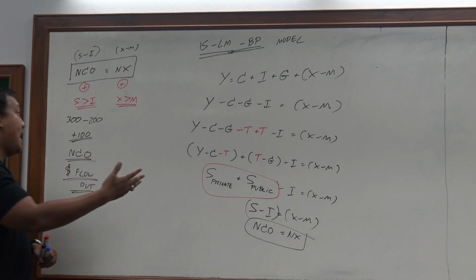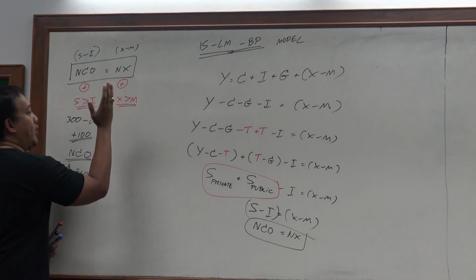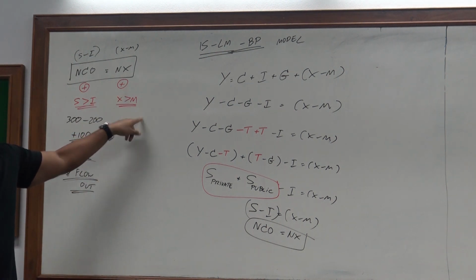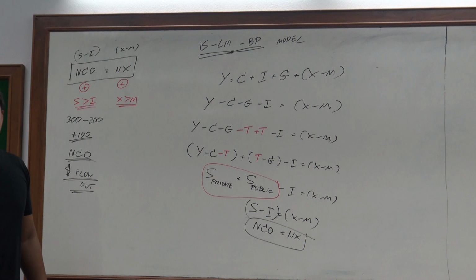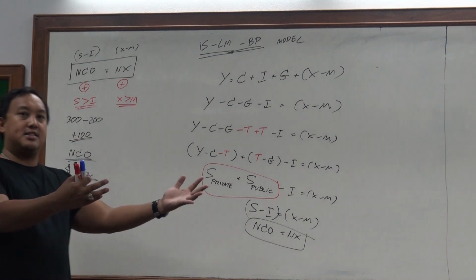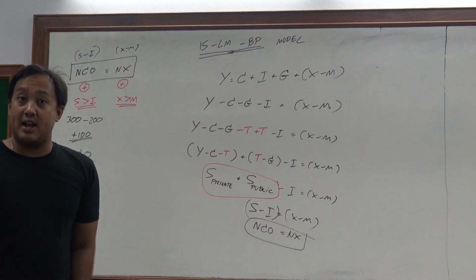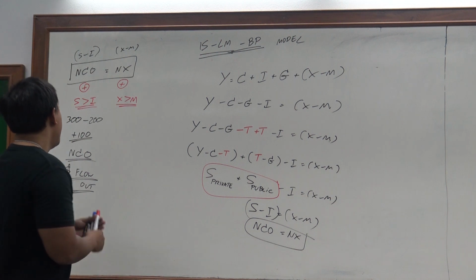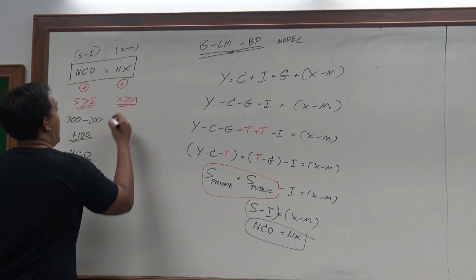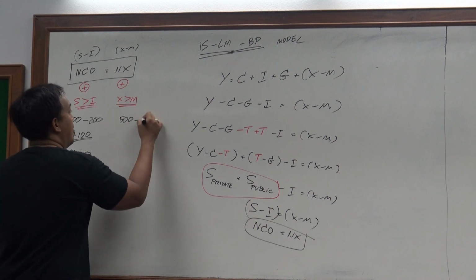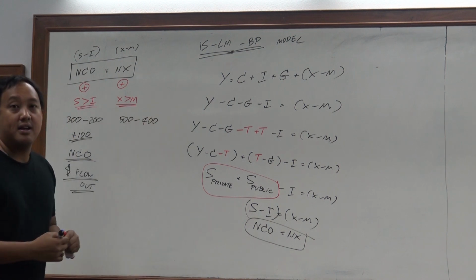On the other hand, on the right side of the equation, if X is greater than M, if export is greater than import, what does it mean? When we export, we earn money from the other country. When we import, we spend money out. For example, maybe we export $500 million and we import 400.